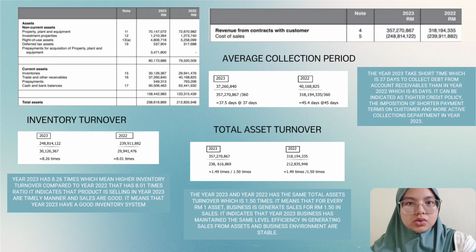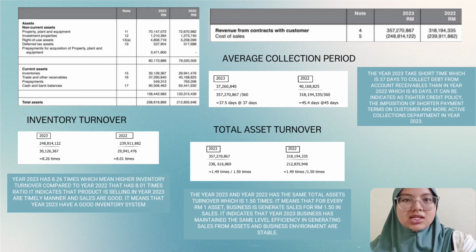For 2022, the COGS for that year is 239,911,882, and closing inventory is 29,941,476 ringgit Malaysia. After I divide all of this, I got 8.01 times. This means that the year 2023 has higher inventory turnover compared to the year 2022.